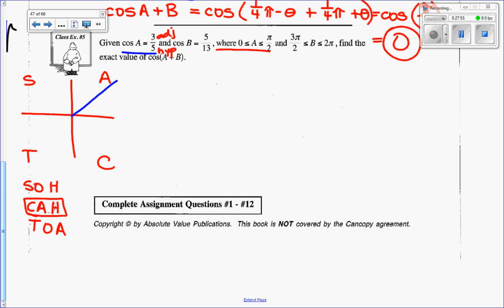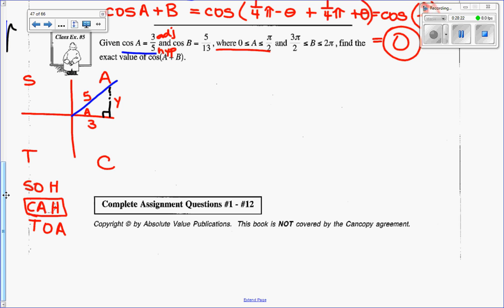We can make a triangle here just by making a 90-degree angle, and A would be this little angle in here. The adjacent side is 3 and the hypotenuse is 5, right? We don't know what our y is, but the vertical distance would be your y.